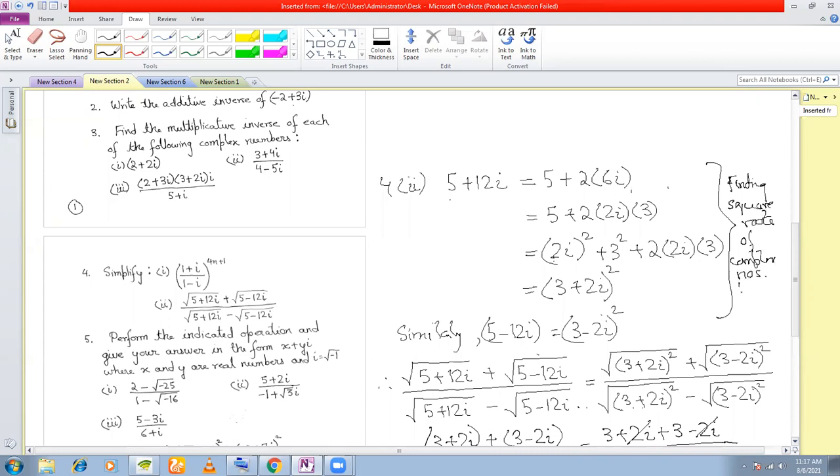There's an algebraic way also in which you don't have to deal with trial and error. We'll see that. But if you have this method in your kitty also, it is of much use.